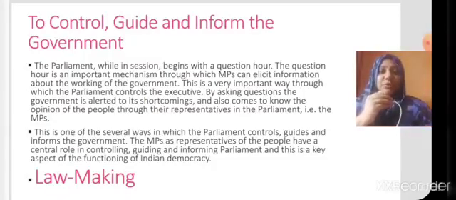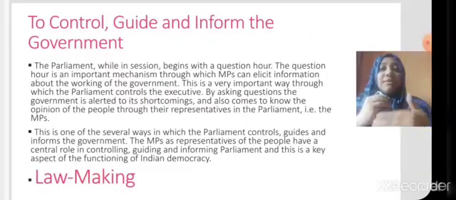Now, this question hour is a chance for all the MPs, whether they belong to the ruling party or the opposition party. Mainly it is an opportunity for those MPs who belong to the opposition party. In this question hour, they have an opportunity to ask questions.